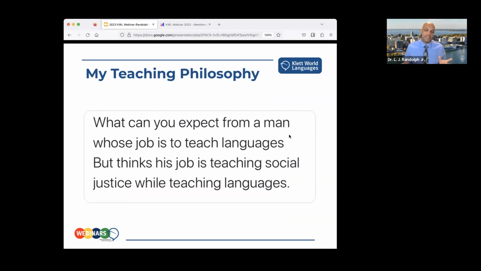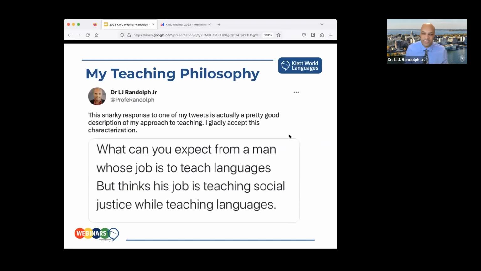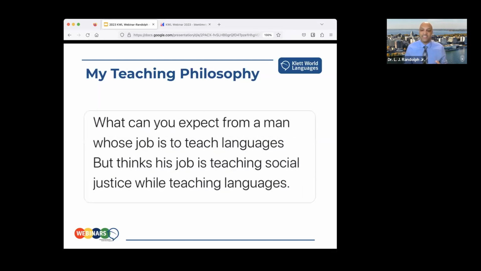This is a funny reply to a tweet that I made. I don't remember what my original comment was, but I do remember this person somehow saw my comment and said, well, what can you expect from a man whose job is to teach languages, but thinks his job is teaching social justice while teaching languages? And I thought, wow, that's actually, I'll take that.